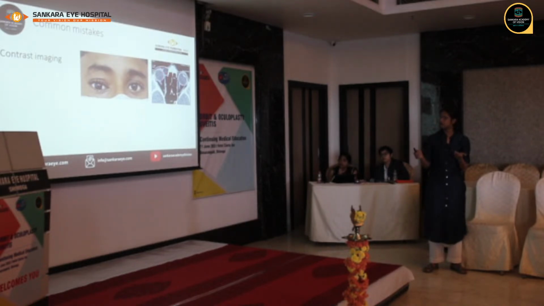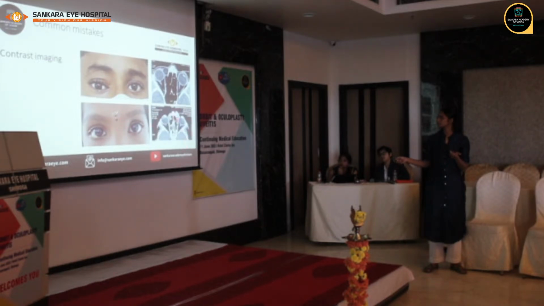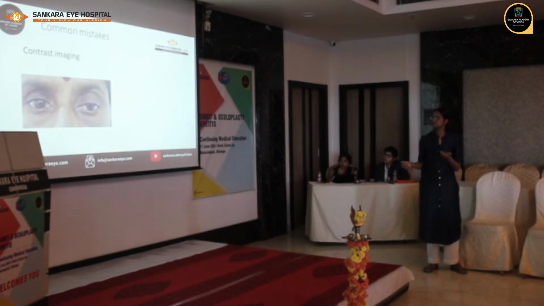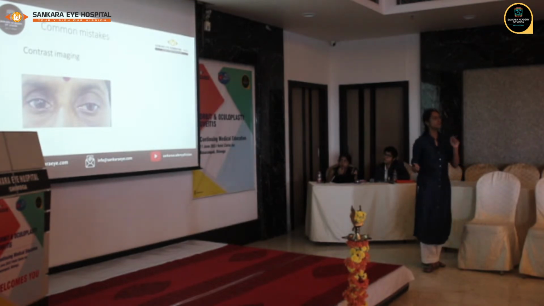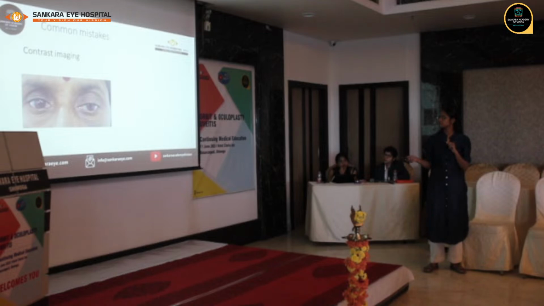This is a dermoid. The same type of lesion here, different children with the same site of lesion, but the scan shows a bright enhancement here. So this is a vascular lesion. You should always mention the need for contrast in your requisition.